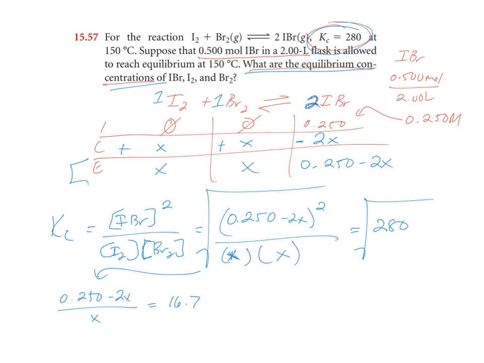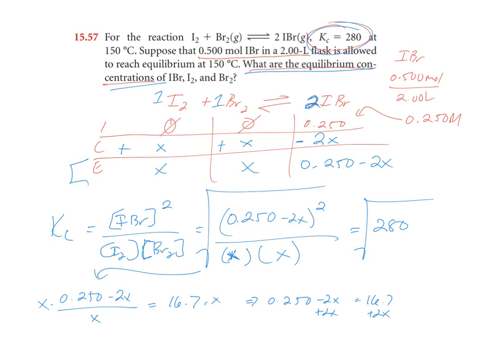It's about 16.7. Okay, and now I simplify and solve for x. So multiply both sides by x. I get 0.250 minus 2x equals 16.7x. Add 2x to both sides.